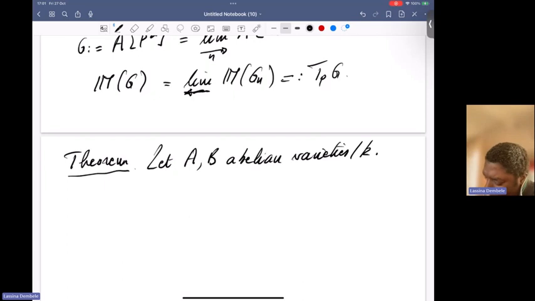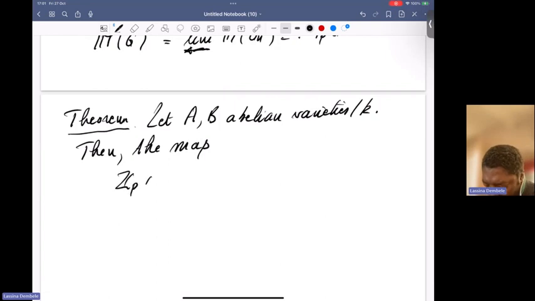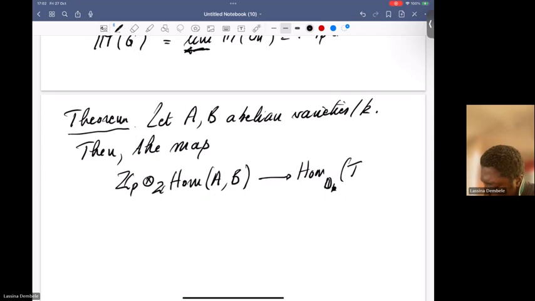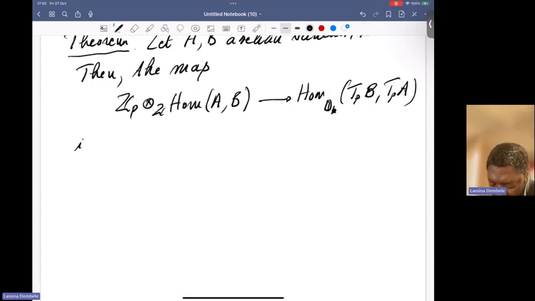The theorem says that the map Z_p tensor Hom(A, B) into Hom(T_p B, T_p A) is an injective map.